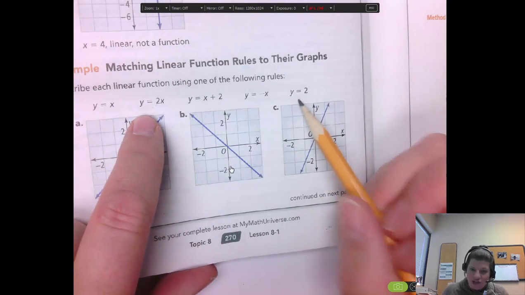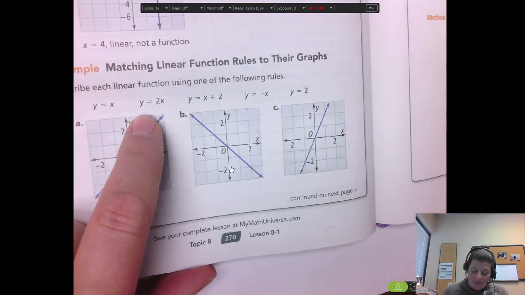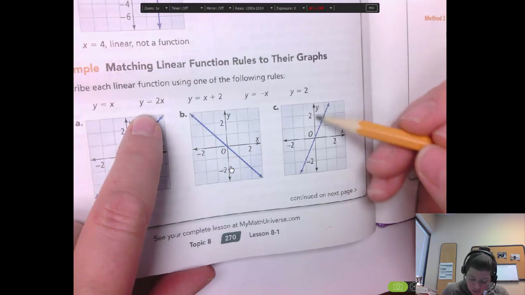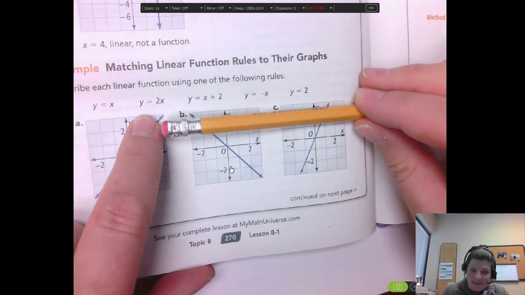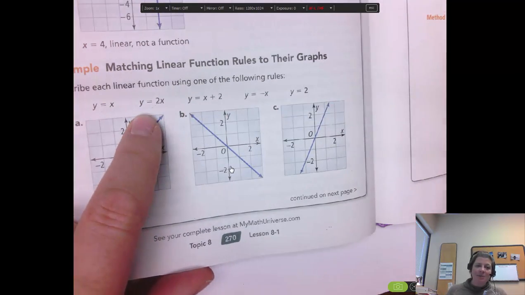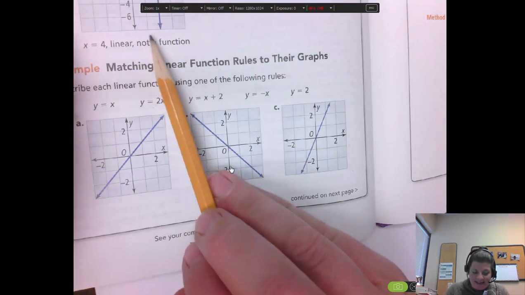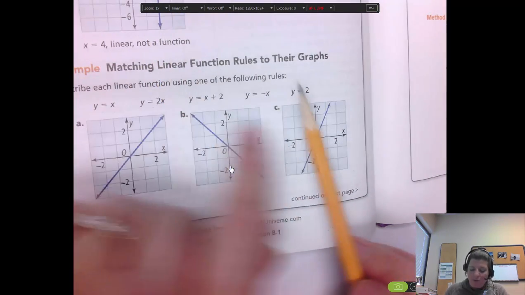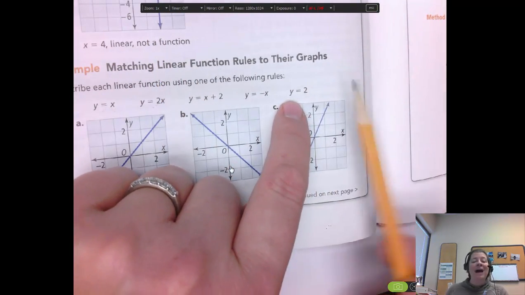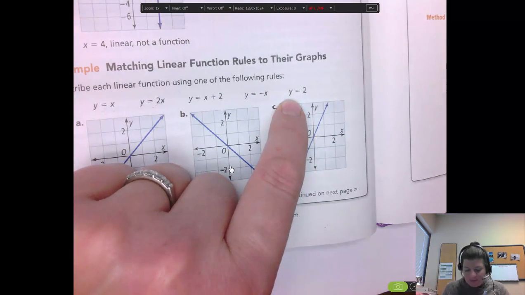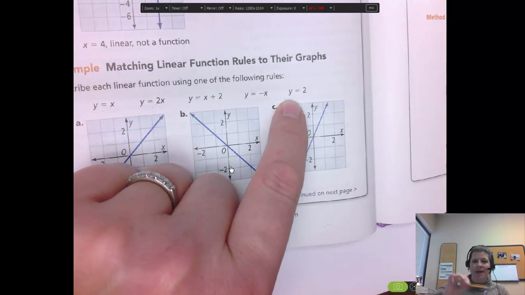This one actually represents, you go to the y at 2 and you make a horizontal line. X equals a number is vertical like this one that we can kind of see here. This was x equals 4 and it was vertical. Y equals is horizontal. Pause, write that down. Y equals is horizontal through that y spot, right?